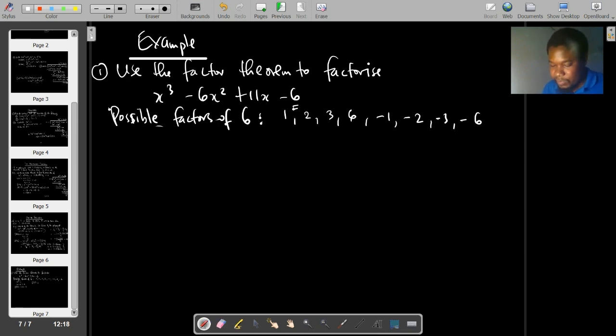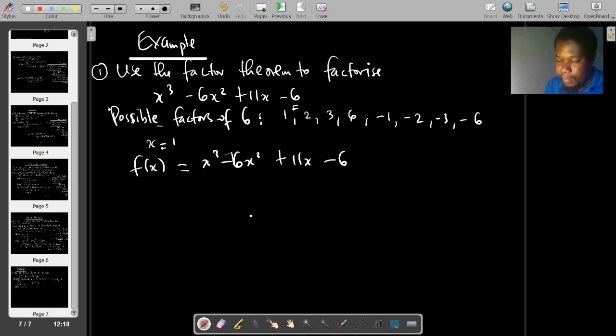Let's start properly. The first possible factor of 6 that we're going to use is x equal to 1, and then we'll substitute. Let's write our polynomial first: x to the power 3 minus 6x squared plus 11x minus 6. So let's substitute 1 into that.